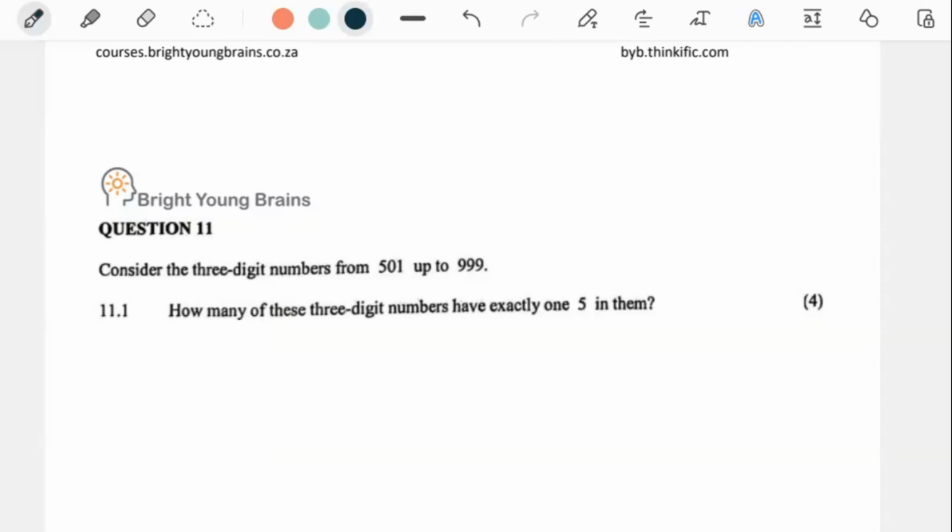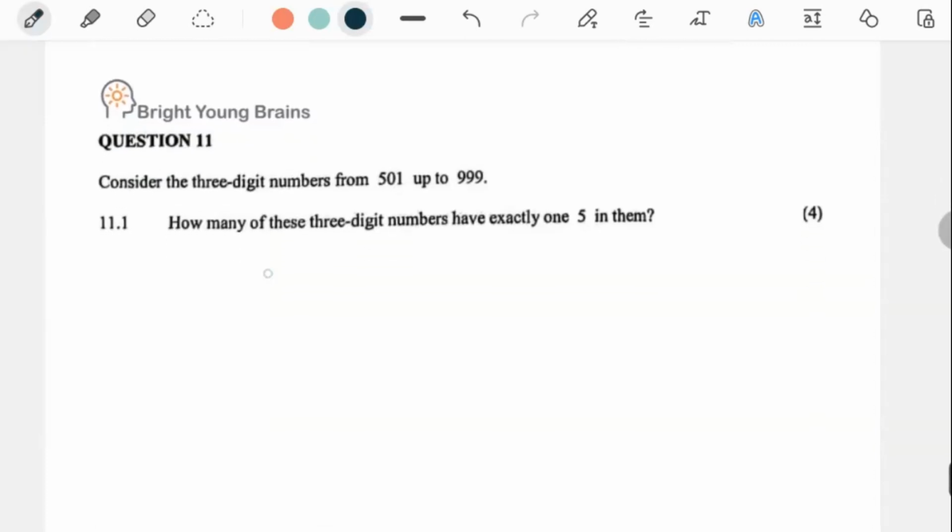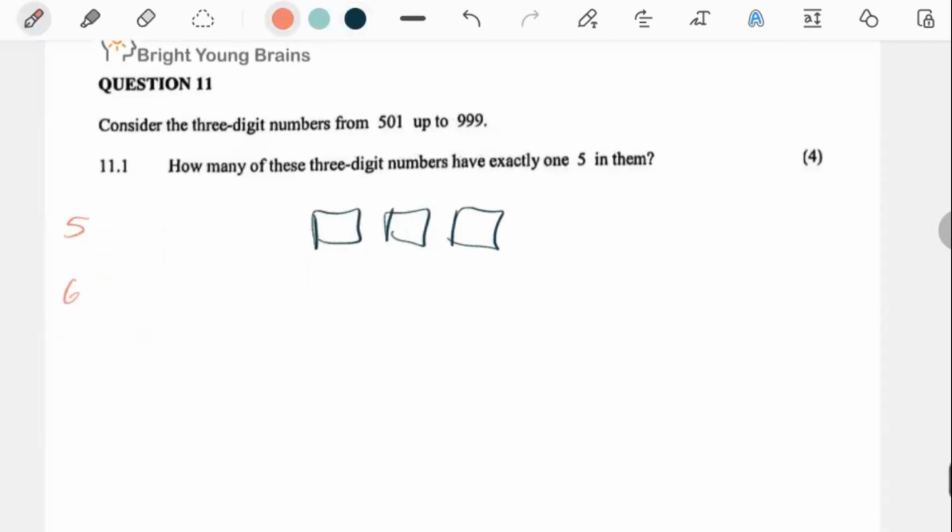The first thing you want to remember is that all three-digit numbers between 501 up until 999, you have numbers that start with the 5, and then you have numbers that start with the 6, the 7, the 8, and the 9. So let's start off with numbers that start with the 5.